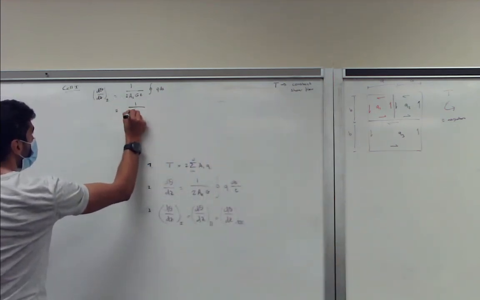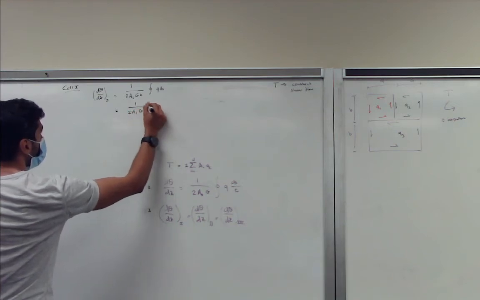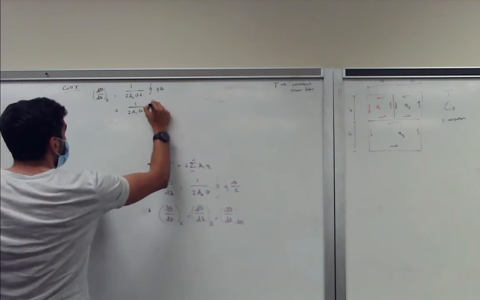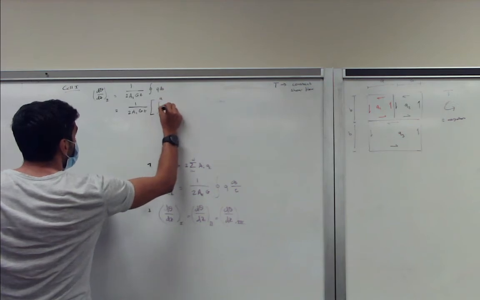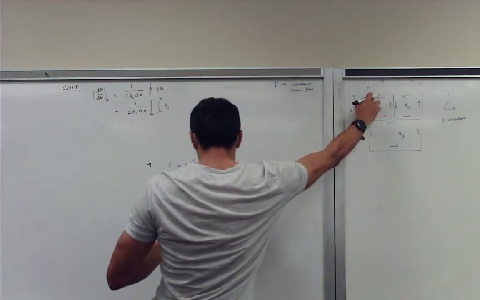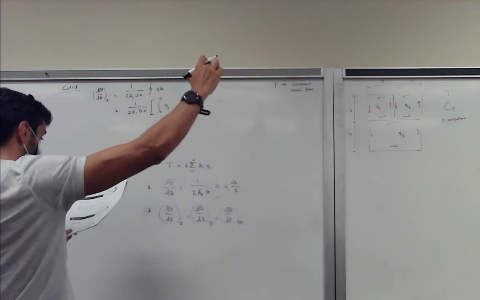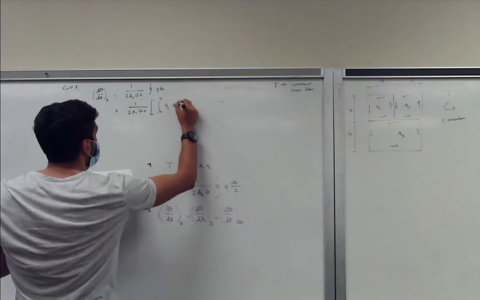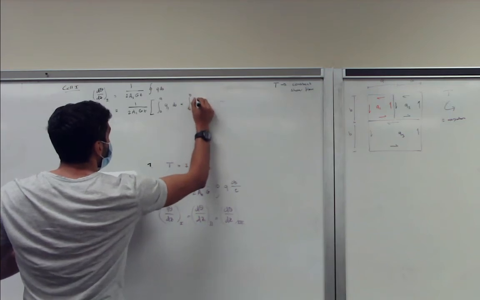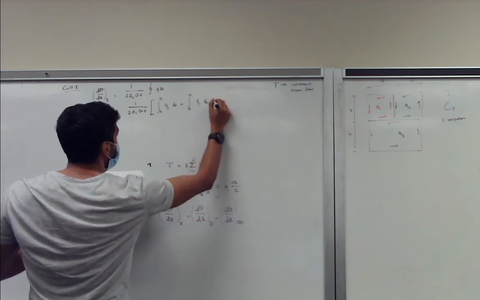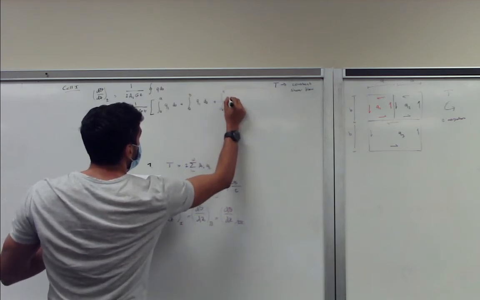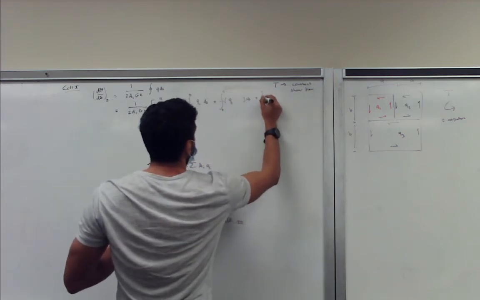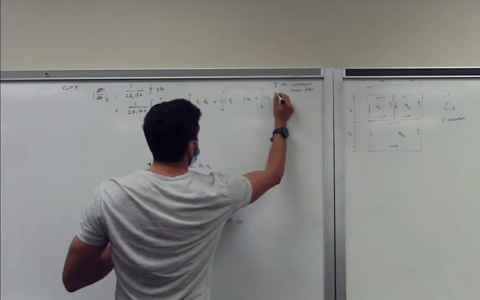We get 1 over 2 A1 G t, and then write out the integrals: 0 to a of q1 ds, plus 0 to b of q1 ds, plus 0 to a of q1 ds, plus 0 to b of q1 ds.